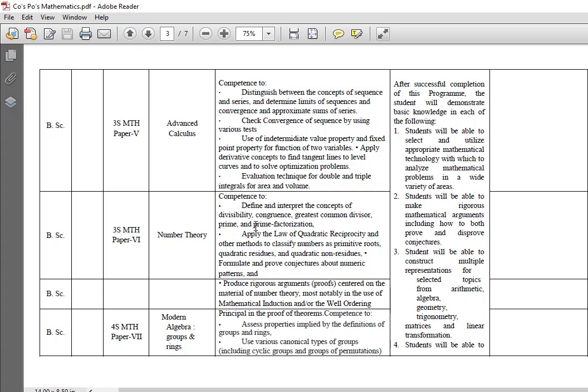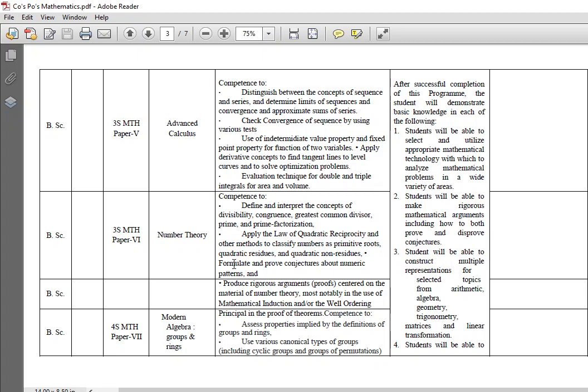That is, the units are prime numbers, congruences and theory of divisibility. These are the first three units. After that, you can apply the law of quadratic reciprocity and other methods to classify the numbers as primitive roots, that is a chapter, primitive roots. Then we study quadratic residues and quadratic non-residues.